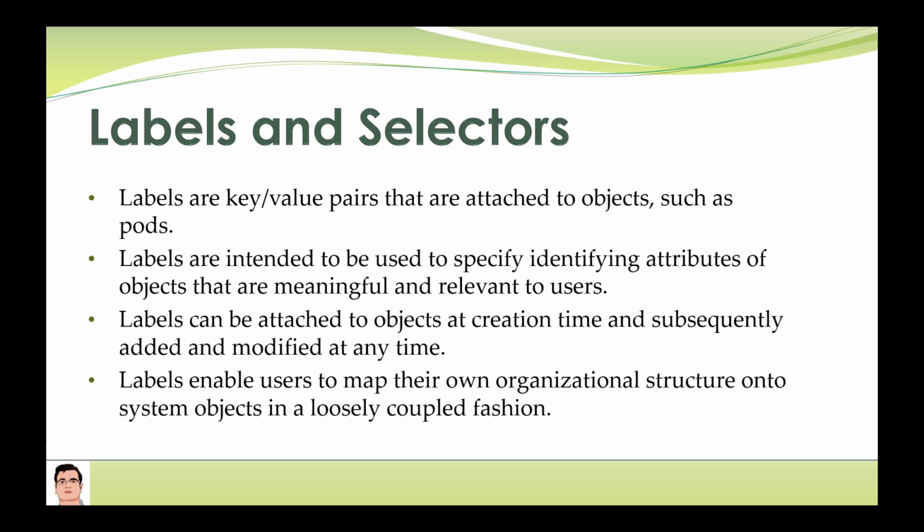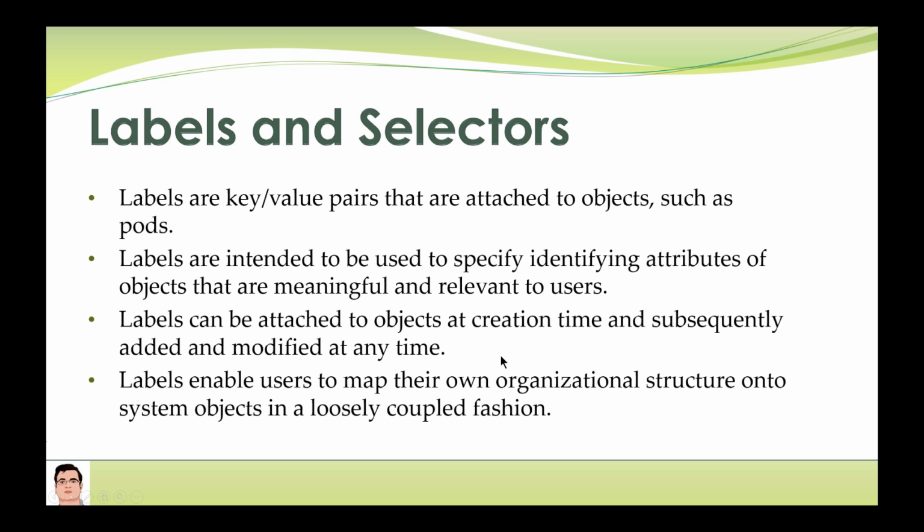This gives information to users who are not aware of the labeling as well, and when they filter or use the selector to fetch that particular object on the basis of a label, they can do it very easily.